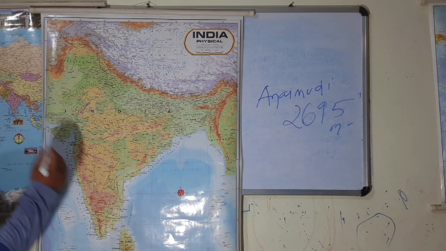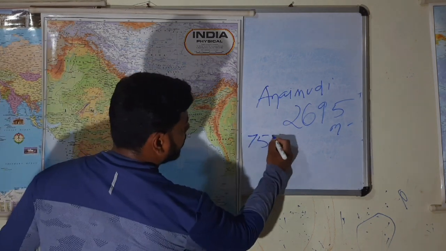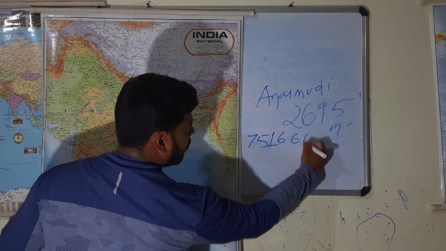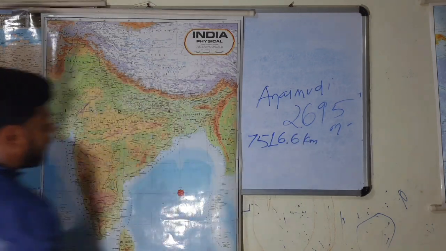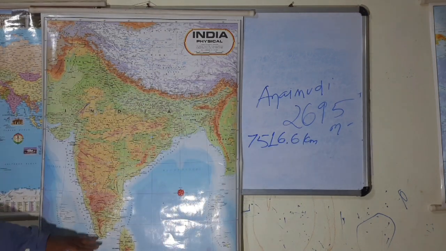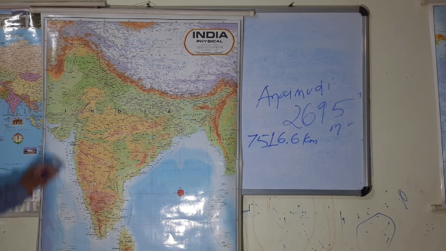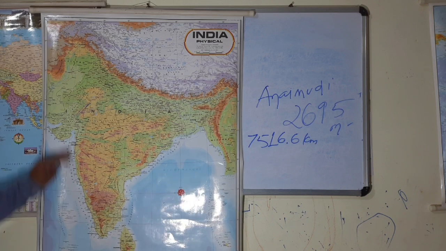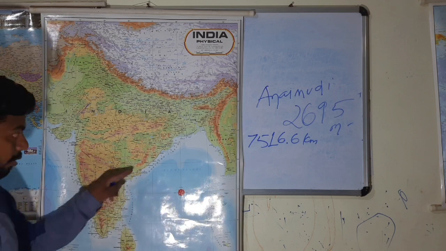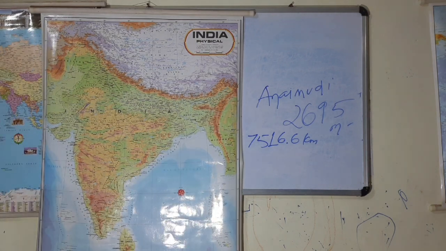As we know, the coastline of our country is 7,516.6 km. In the southwest, it is called the Malabar coast and the Konkan coast. Here is the Coromandel coast, and here the Northern Circars. We will discuss in detail in the next class.